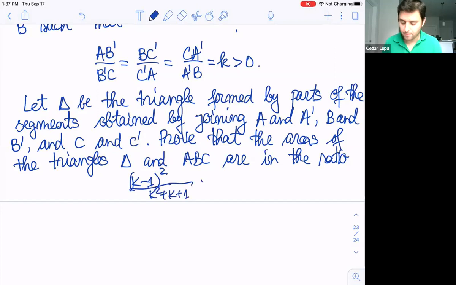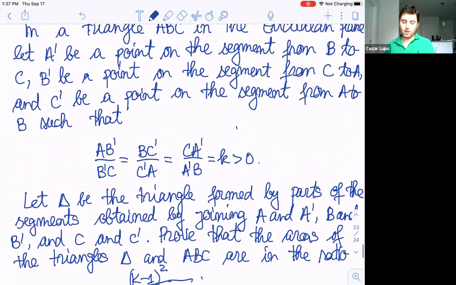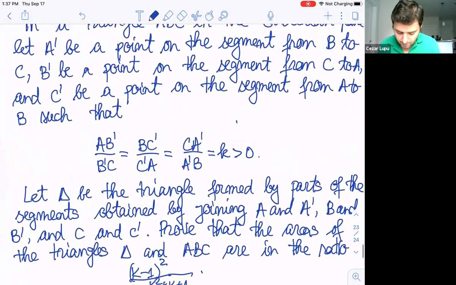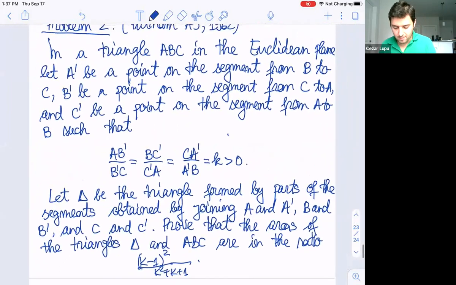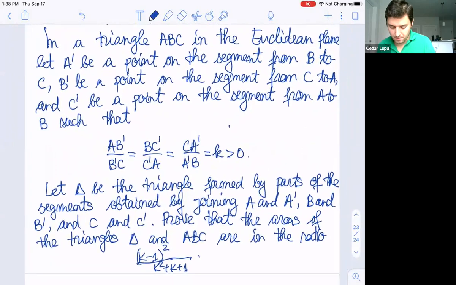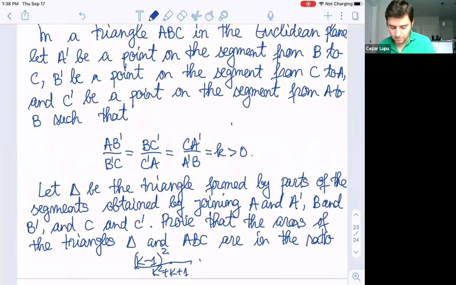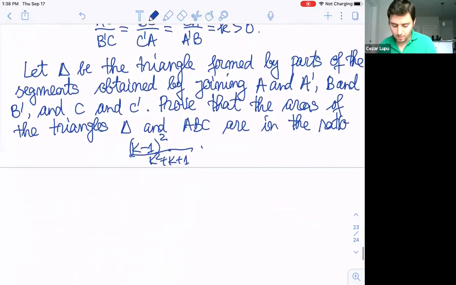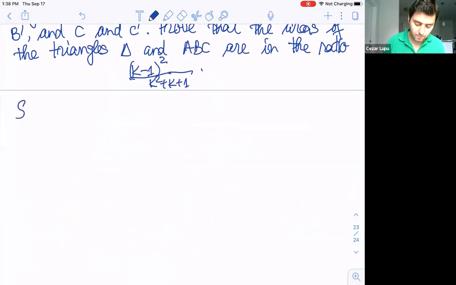That is the ratio. Okay, that's the statement. Look at it. Oh my, you cannot even. That's the statement of the problem. It's quite long, but I think if we draw a picture, everything will become much clearer. And let's do that. Okay, here is the picture.